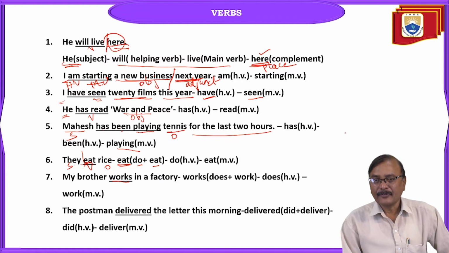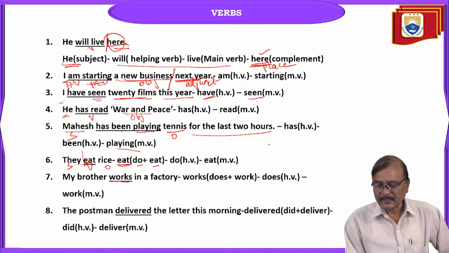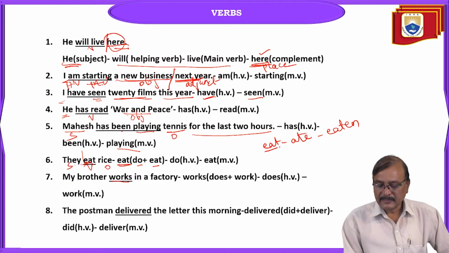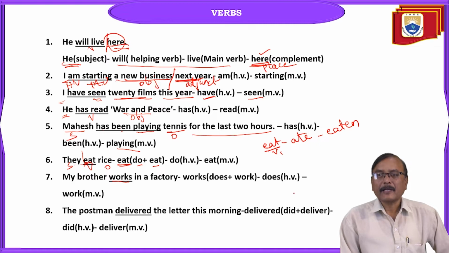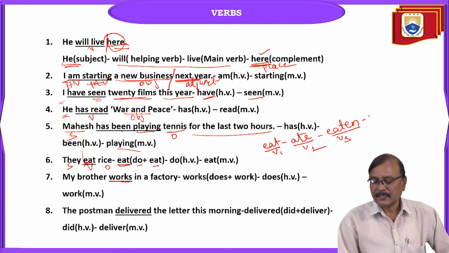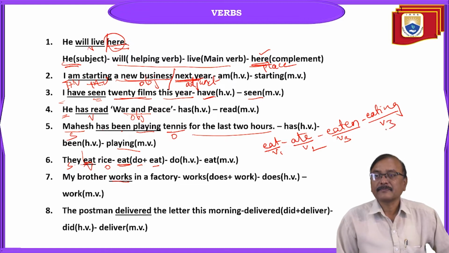So, here if you take it, main verb forms: eat, ate, eaten. This eat is the base form, which we can say is the V1 form or present form. This is the V2 form or past form. This is the past participle form or V3 form. And this one is the present participle form.